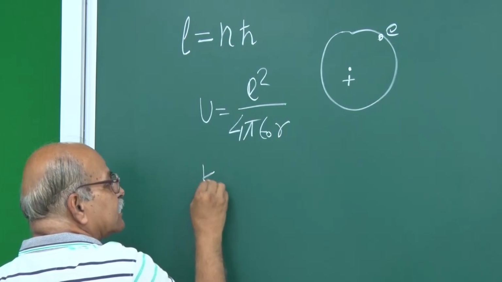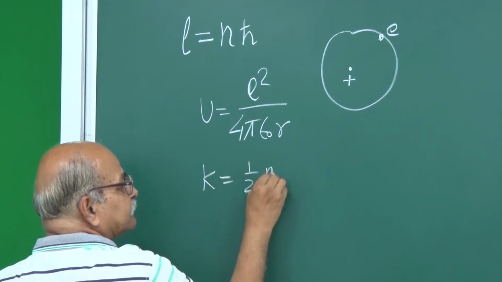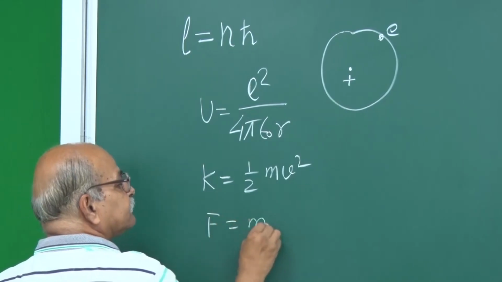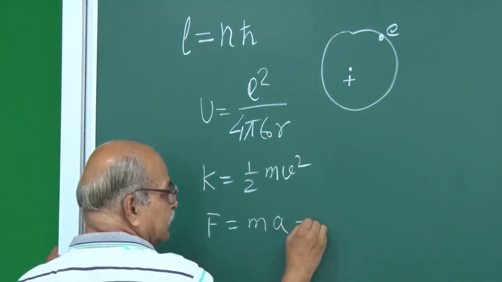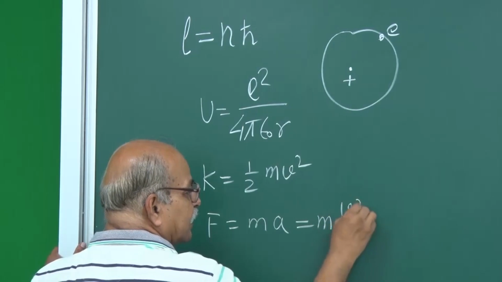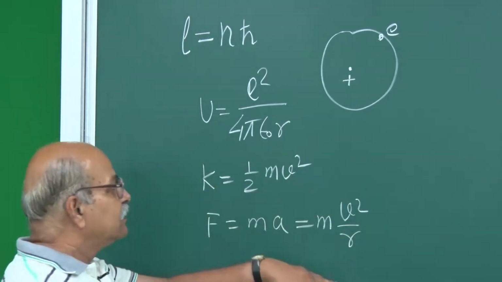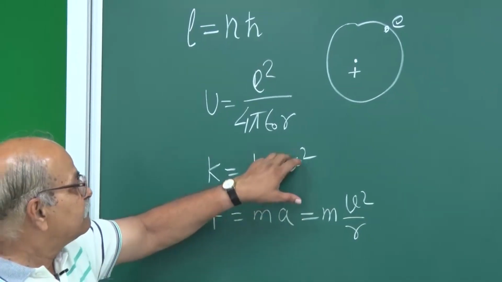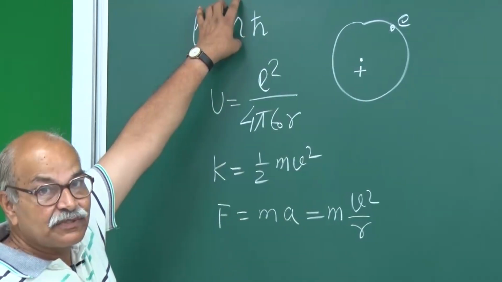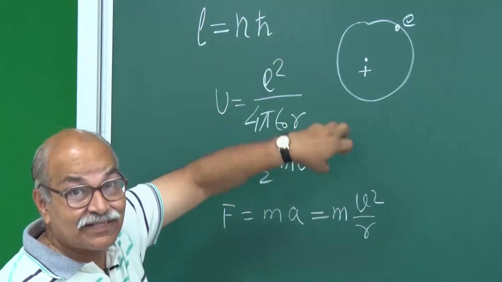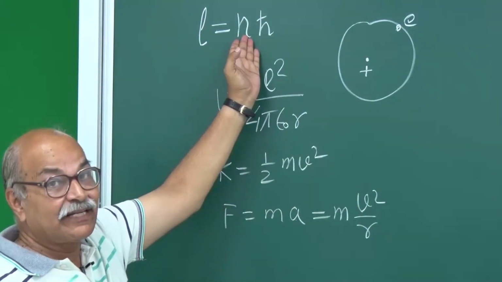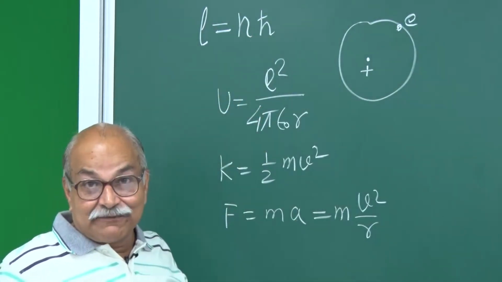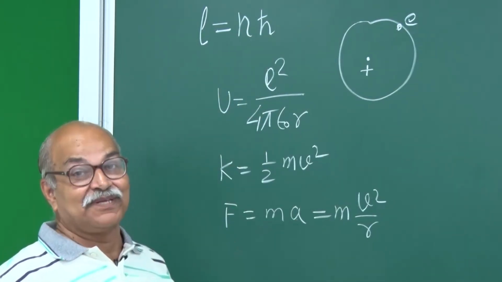and the kinetic energy is half mv square, and then F is equal to ma, mass into acceleration, and acceleration is v square by r. These are all classical equations we are used to. But together with this, when this is introduced, Planck's constant enters, and the quantization n can only take integral values, that gives you the essence of quantum mechanics.